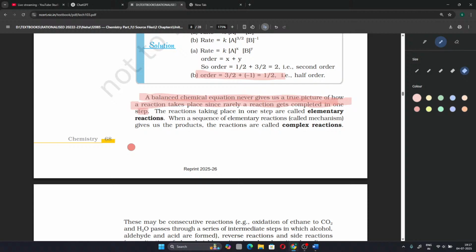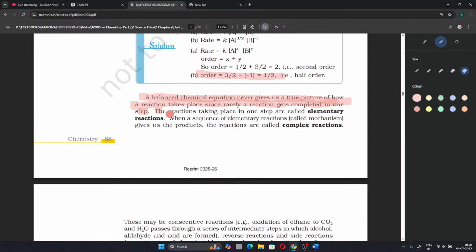In such a reaction, we never get an idea of how the reaction is actually taking place, like which is colliding with which first, what reaction is happening first.